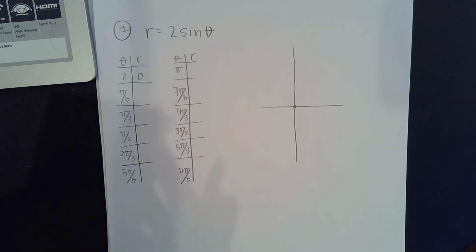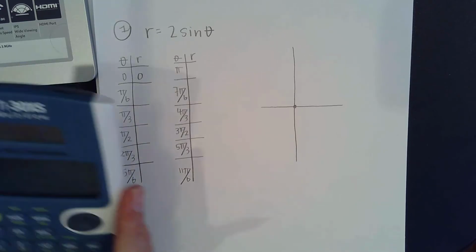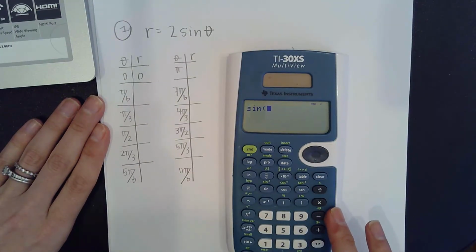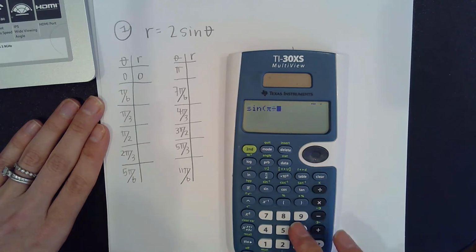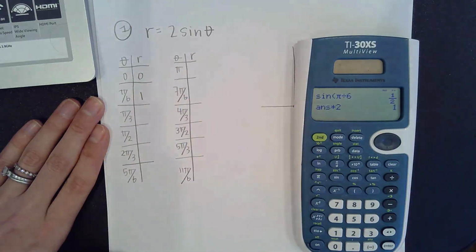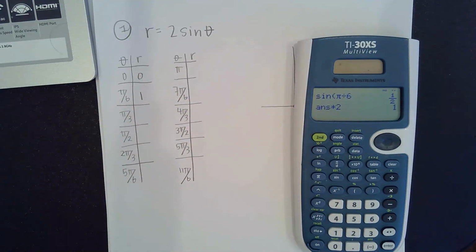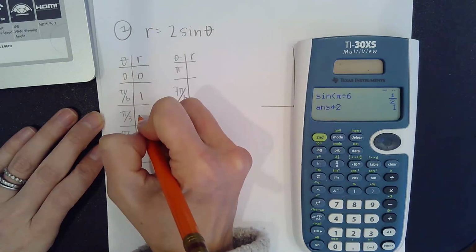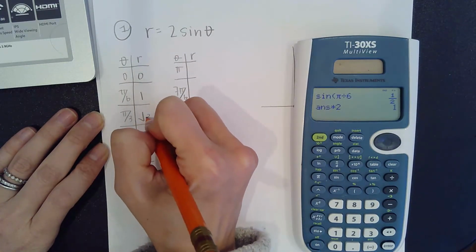Make sure that your calculator is in radian mode. We really need to know our unit circle. Then multiply that times 2, so you get a 1 here. Pi over 3, so that's going to be square root of 3 over 2, which times 2 is just the square root of 3.